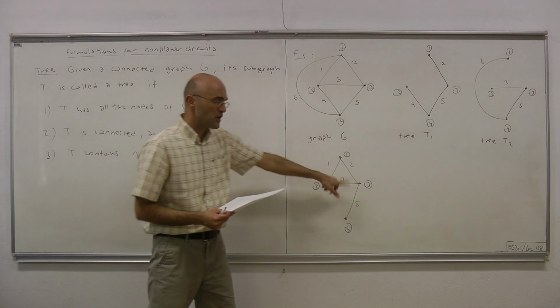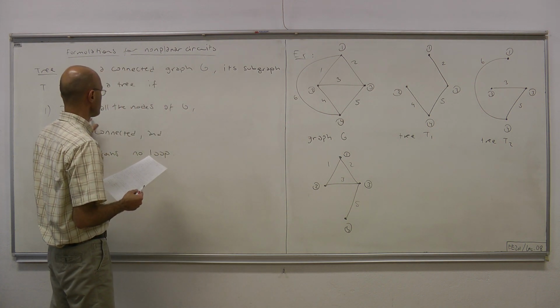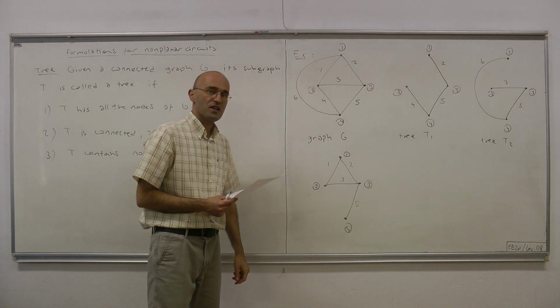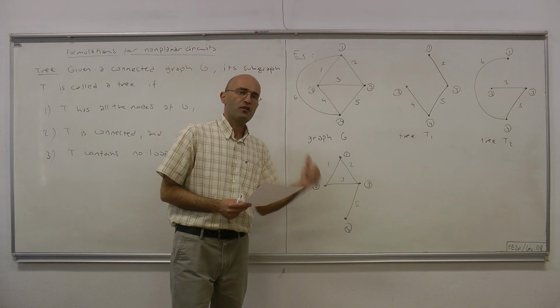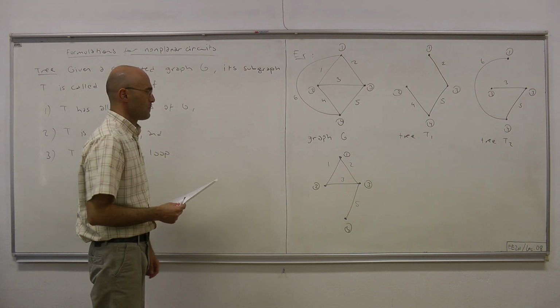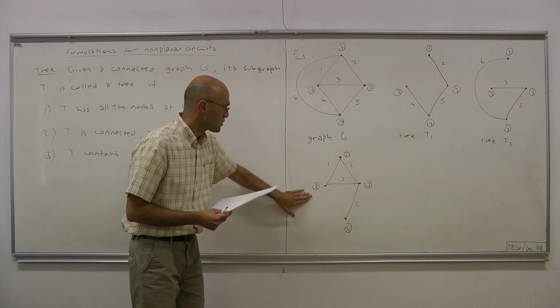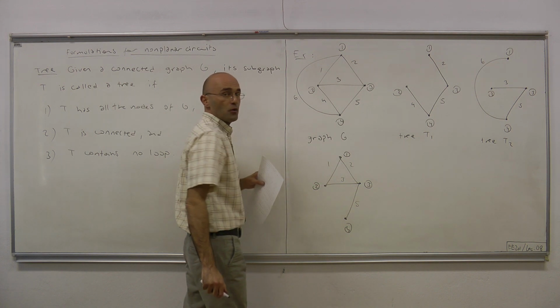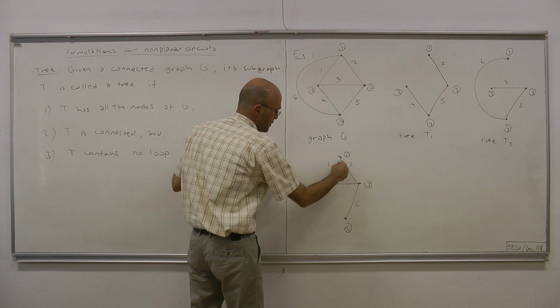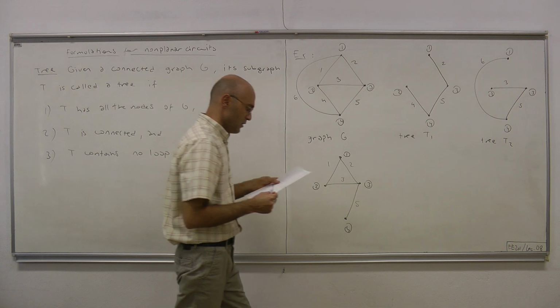Why? Well, it contains all the nodes. Therefore, the first condition is satisfied. It's connected. The second condition is also satisfied. But the third condition is not satisfied because this subgraph contains a loop, and that's the loop 1, 2, 3. Okay, the closed path. So this is not a tree.